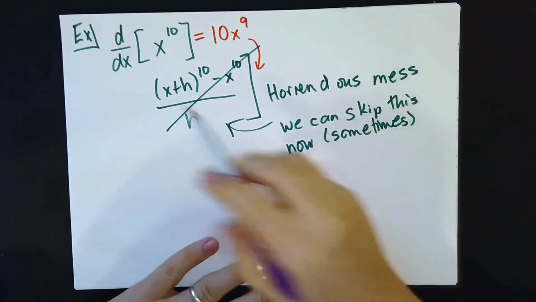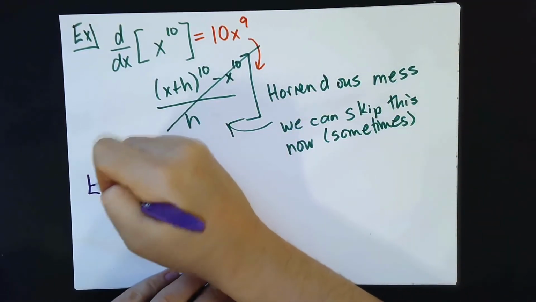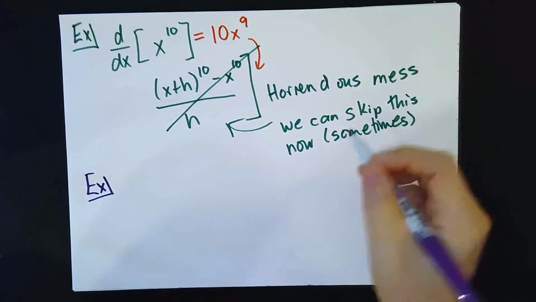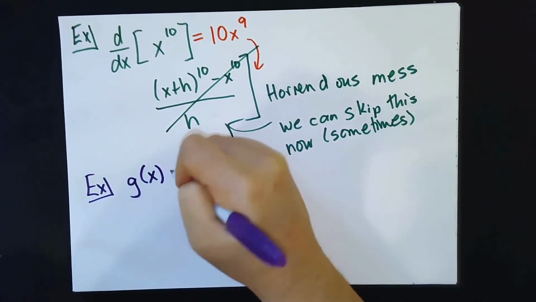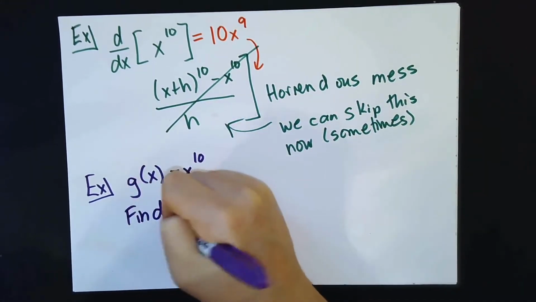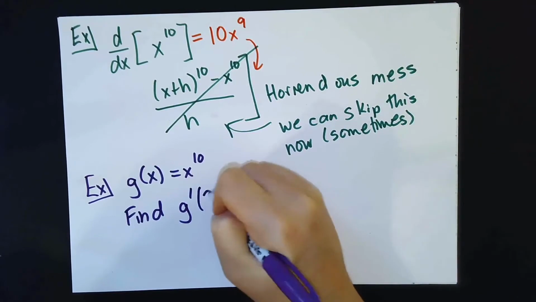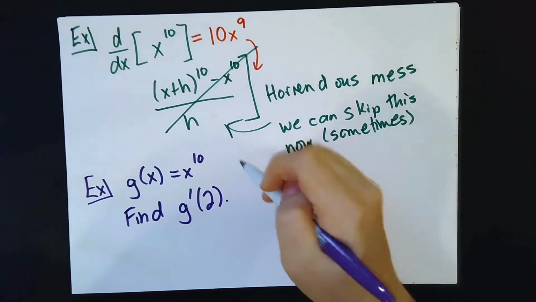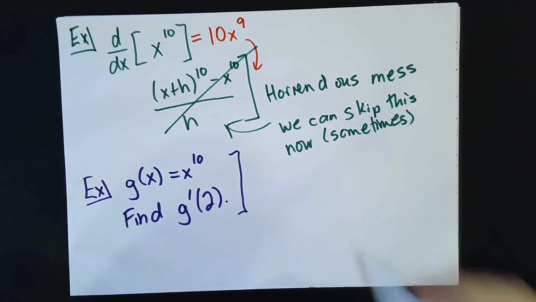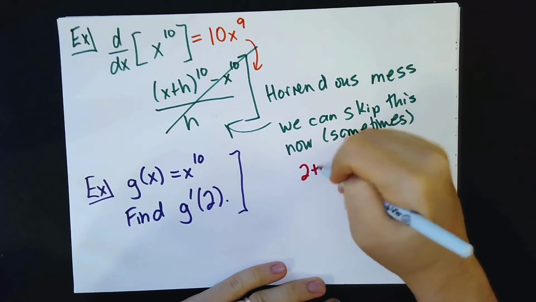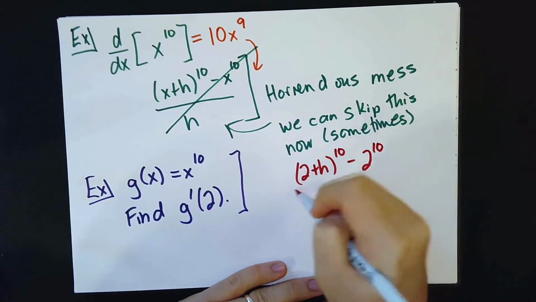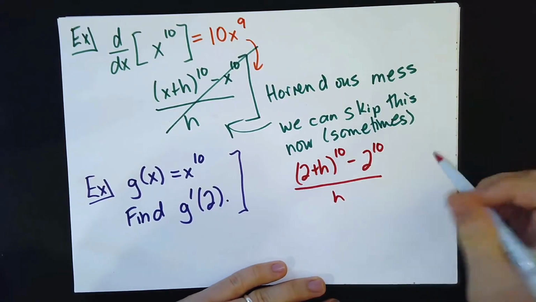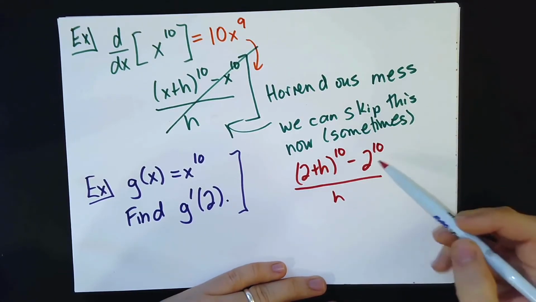Now, I want to note how useful this is, because even if we're given something like g of x is x to the 10th, find g prime of 2, we could, again, do this by calculating 2 plus h to the 10th power minus 2 to the 10th power divided by h, and then taking a limit, as we had done in the previous chapter.